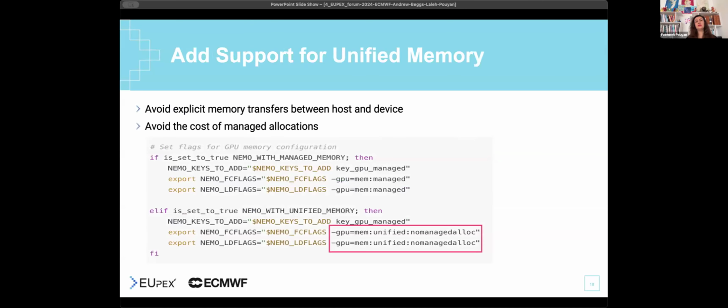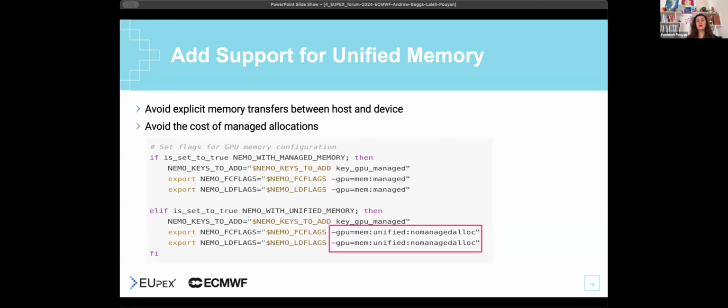To get the benefit from the unified memory of the Grace Hopper architecture, we also add the unified no-managed-alloc compiler flag that allows us to avoid explicit memory transfer between host and device. It means that we don't need to put directives like copyin and copyout inside the code.